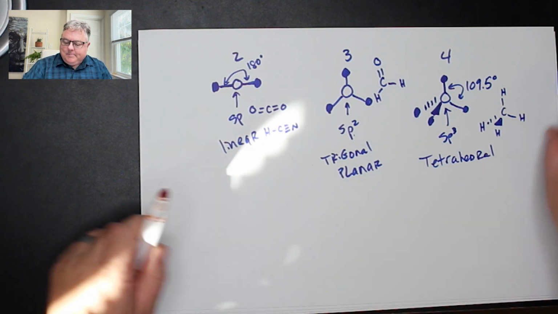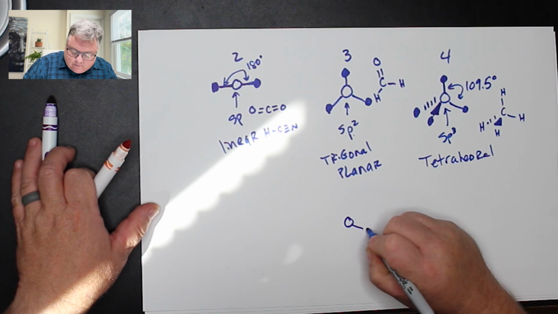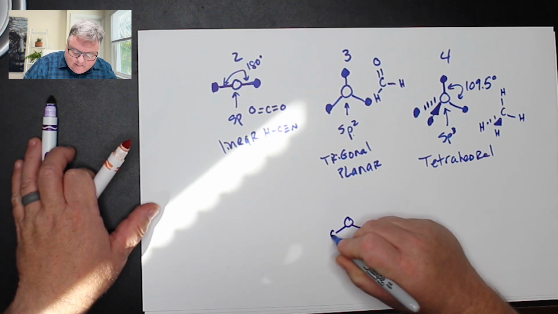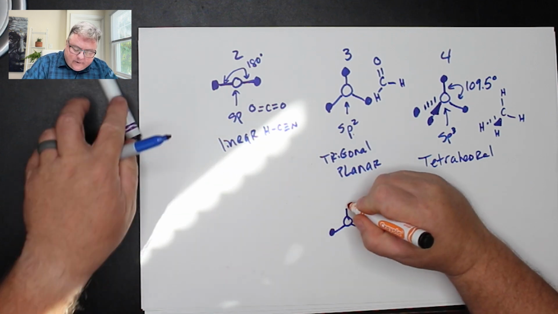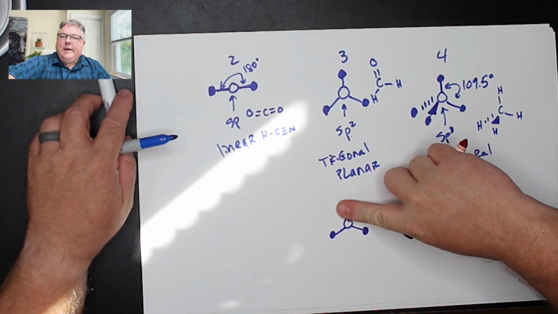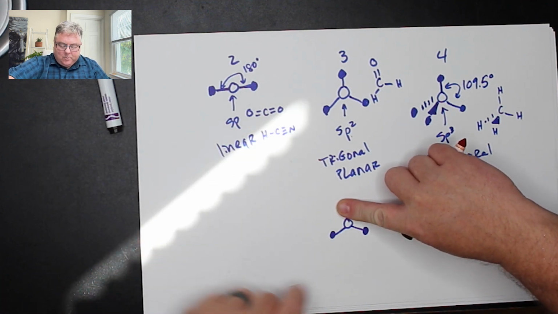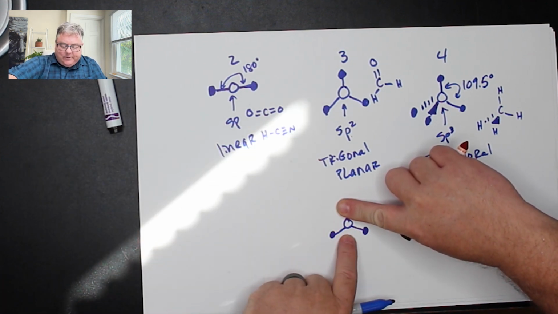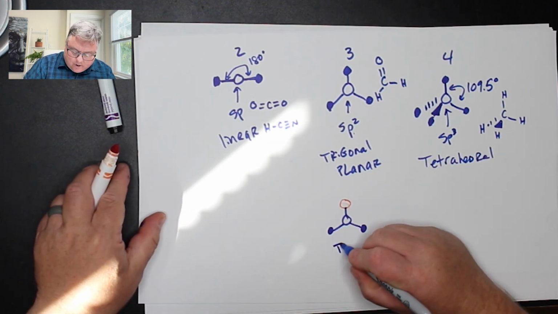Let's just draw it with spheres like this first. What if one of those spheres, instead of being a sphere, was an invisible pair of electrons? It's invisible. You can't see those. Well, I don't want to call it trigonal planar anymore. Instead, now the shape of the central atom is more bent. So we call that bent. Some people call it angular.